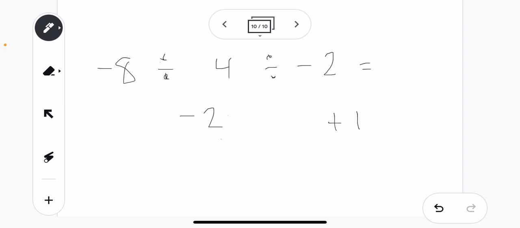Your answer still stays the same. So an even number of negative numbers that you're dividing by each other is going to result in a positive value, and an odd number of negative numbers is going to result in a negative value for your answer.